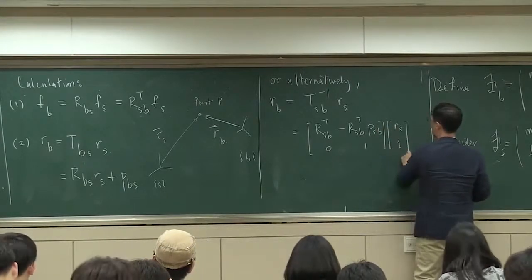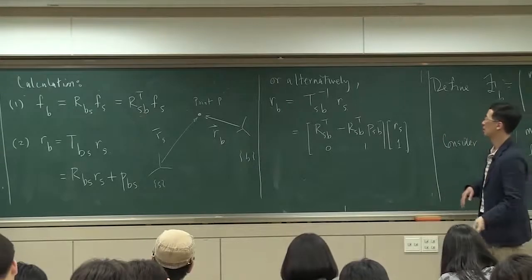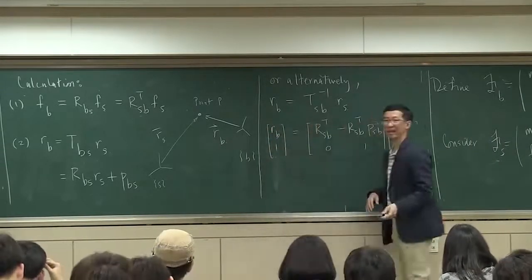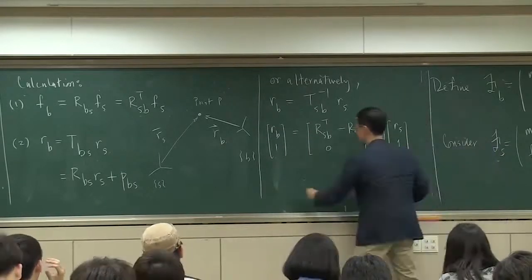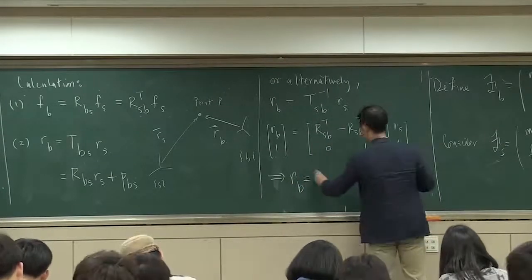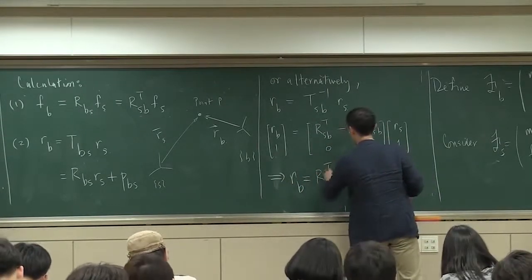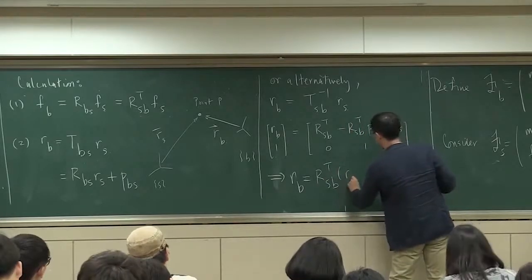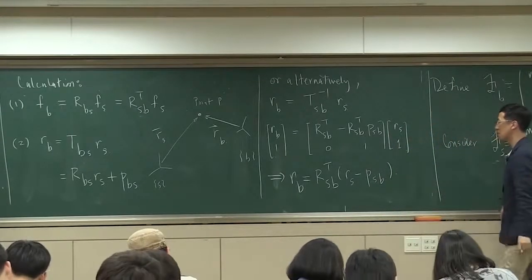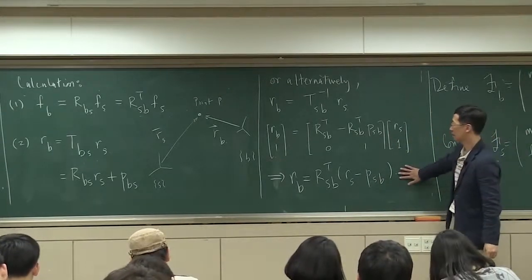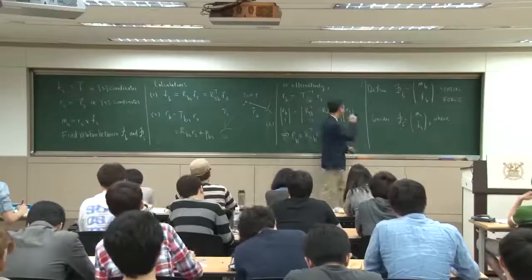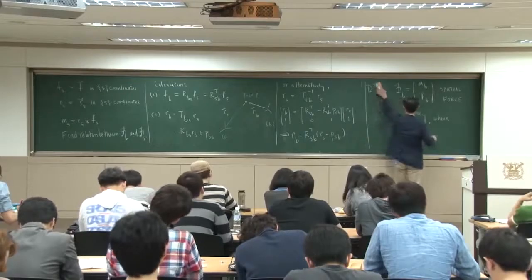And remember that we stick a 1 at the end here. So we could write it r sub b, 1 is that. In which case we have r sub b is R SB transpose times r sub s minus P SB. So this and this are the same thing, just written slightly differently.